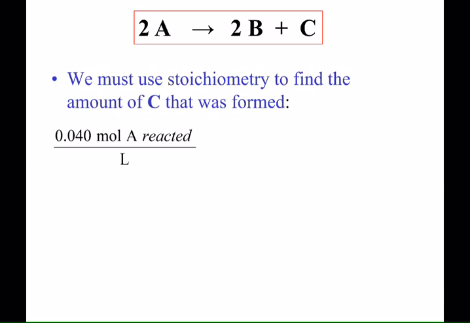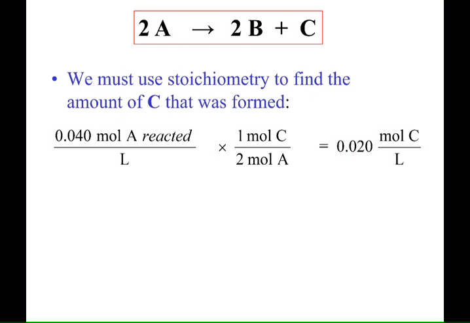We can introduce a stoichiometric coefficient. It looks like this: 1 mole of C over 2 moles of A. And when we do that, we get the 0.020 moles per liter that you maybe intuitively thought.